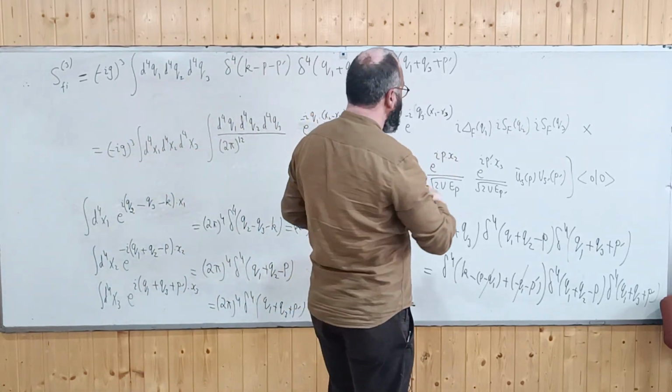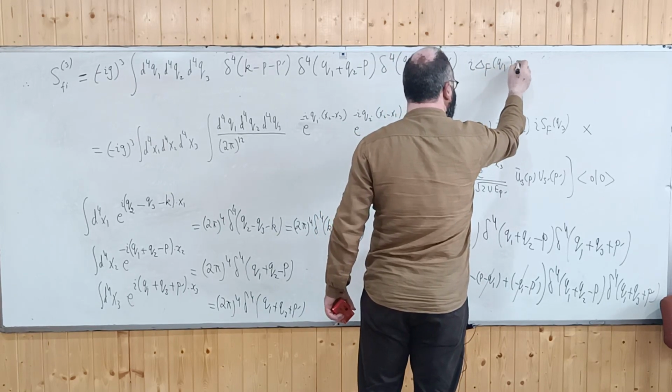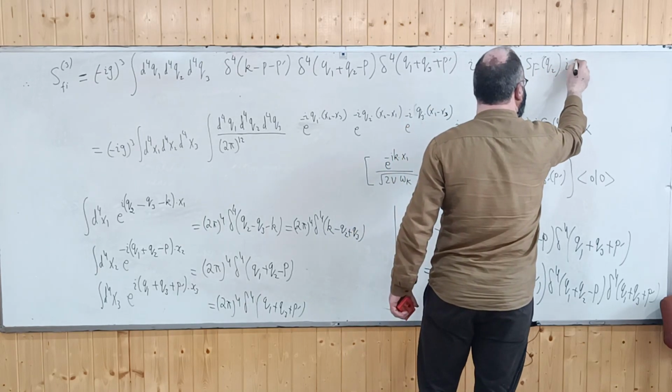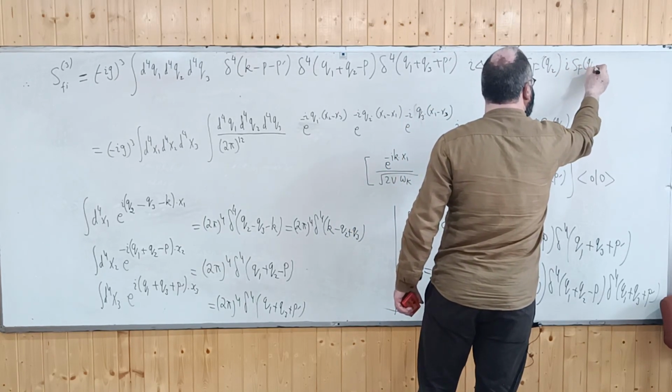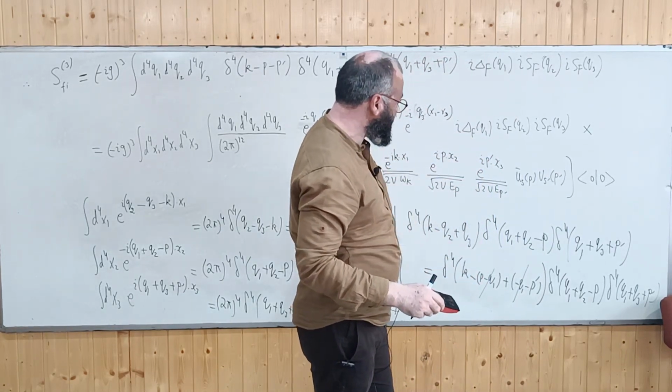Now use this i delta F q1, i S F q2, then you have i S F q3. Clear? So all these factors are gone, these exponential factors.